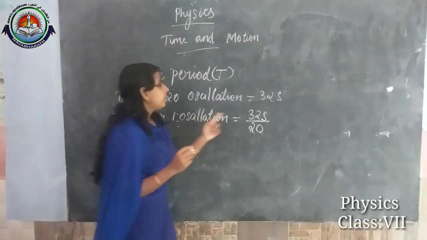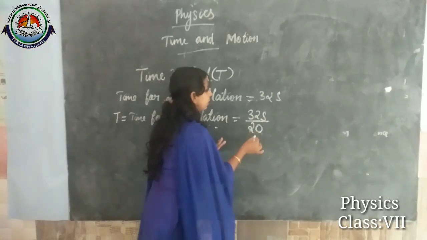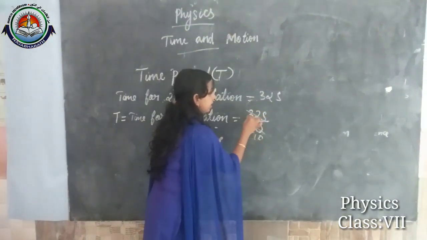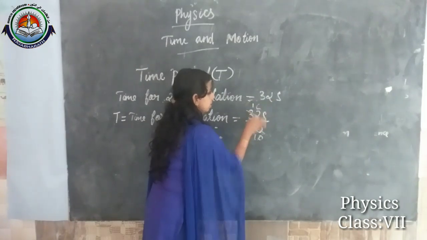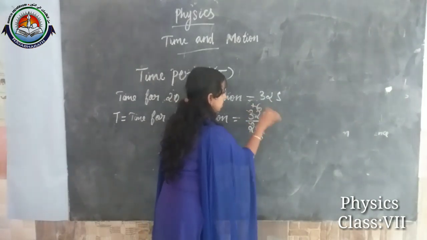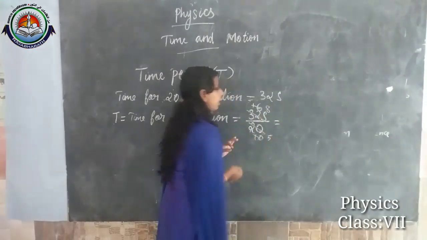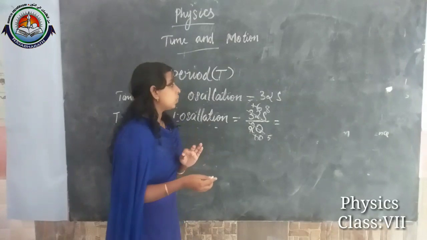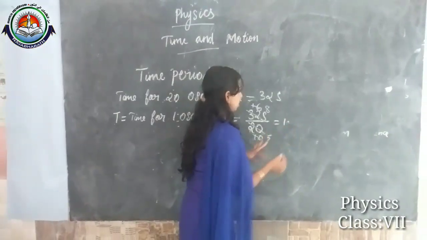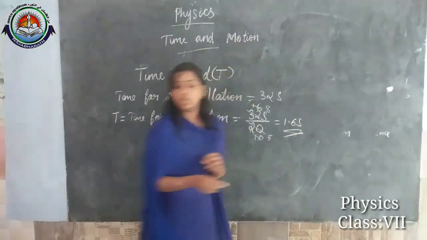Right? In this 32 and 20, we have to solve it by cutting. Both the cases, 20 will become 10 and 16 will become 8, then 8 divided by 5 is equal to 1.6 seconds.